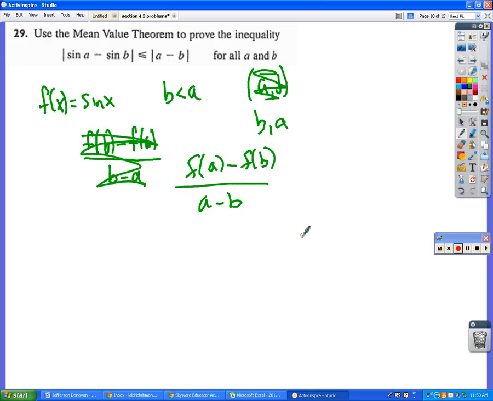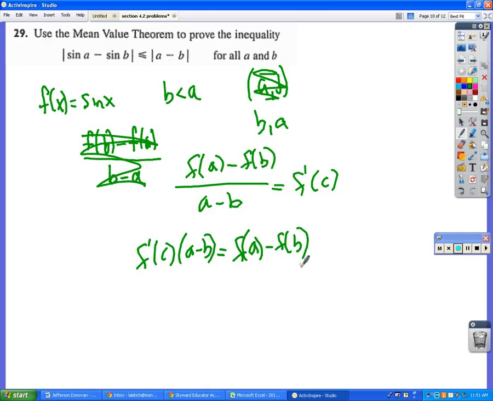So this would be equal to f prime of c. Now let's multiply both sides by a minus b. So let's rewrite this as f prime of c times a minus b equals f of a minus f of b.